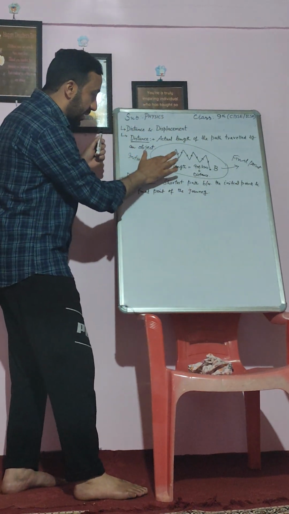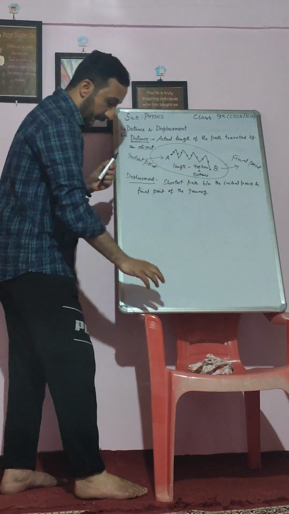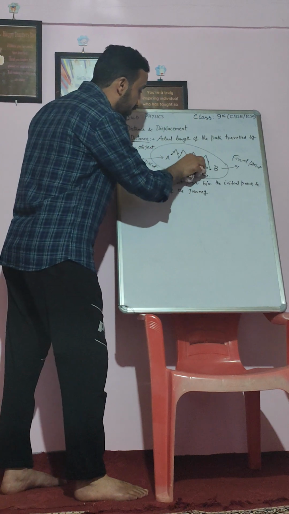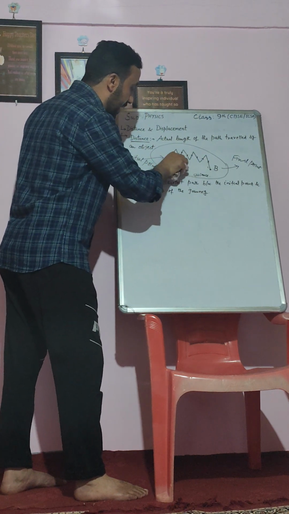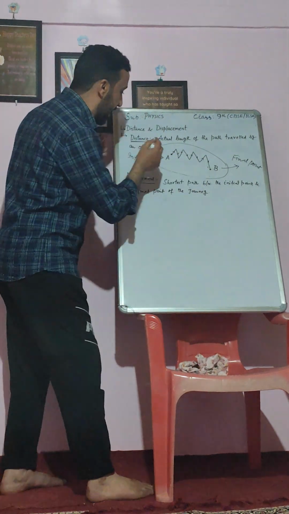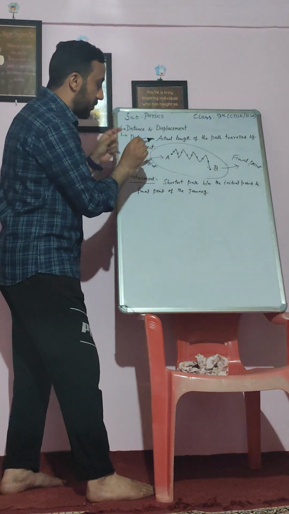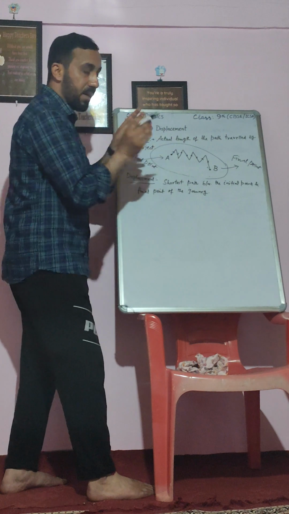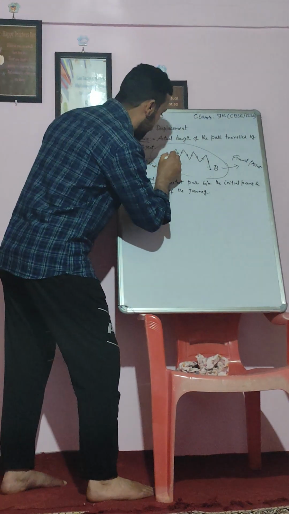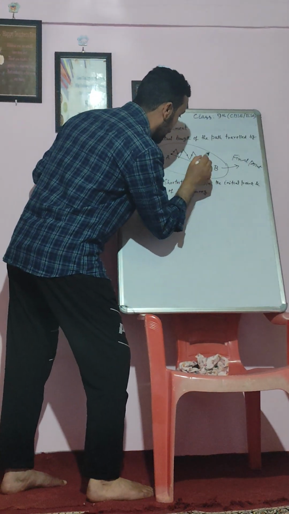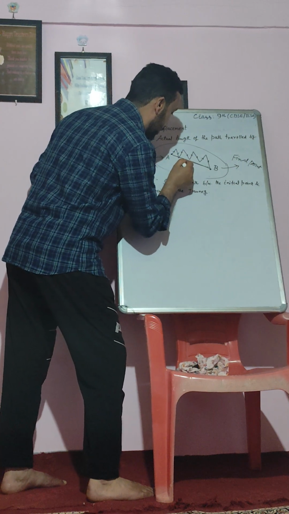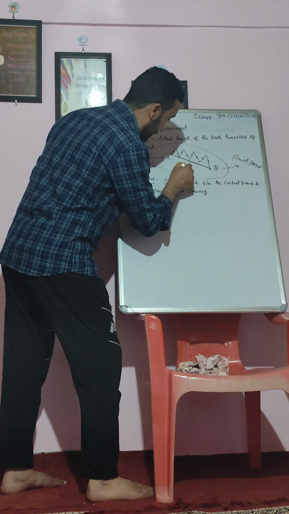That is the shortest path between A and B. And if we try to see which one will be the shortest path between A and B, that will always be a straight line path. That means if we join the points A and B, the initial point and final point, with a straight line like this, this straight line will give you the value of displacement.